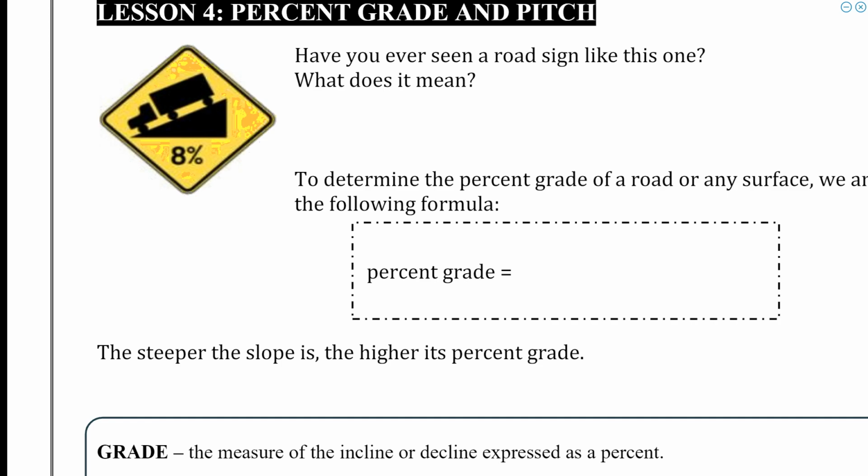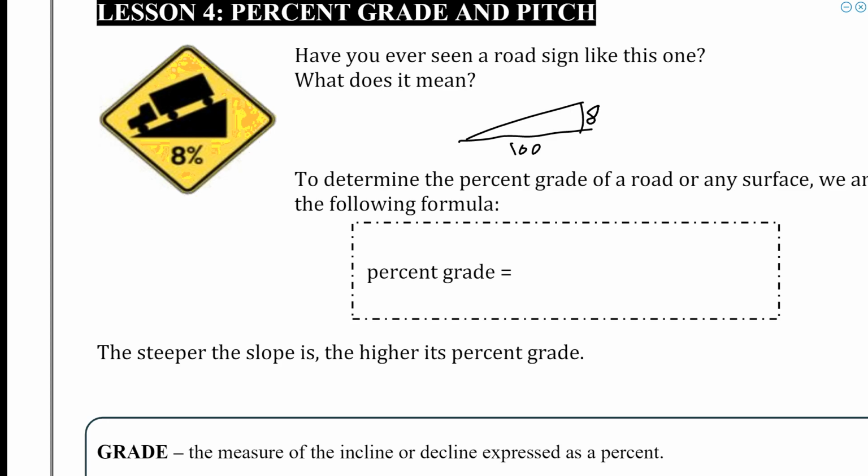So what the percent grade means is, if we're thinking about yesterday, percent at its core is amount out of 100. If we're thinking about slope as rise over run, all that your percent grade is telling you is what the rise is if the run is 100. So if you were drawing this as a triangle, for every 100 run, it would be 8 rise.